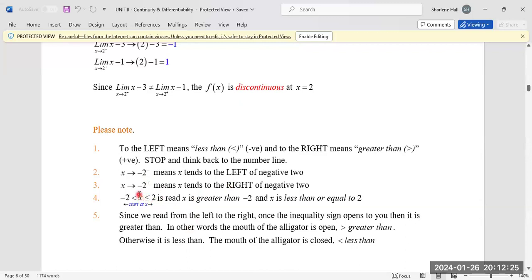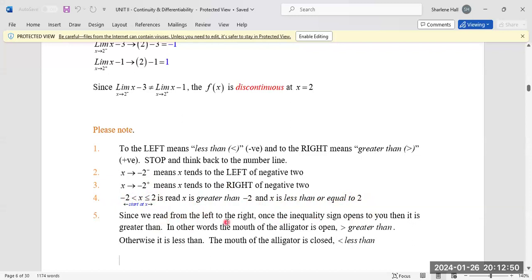So that means it's going to be x is greater than -2, but this x is also less than or equal to +2. So you're starting at the x and you're reading inside out. So it is read x is greater than -2, that way you're first to the left, and then x is less than or equal to 2, to the right.